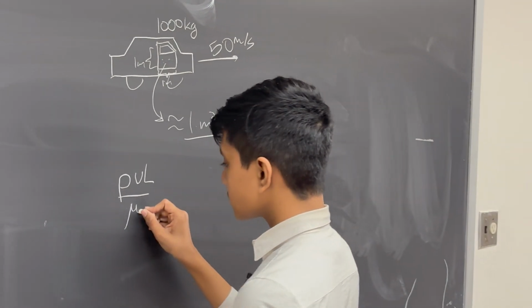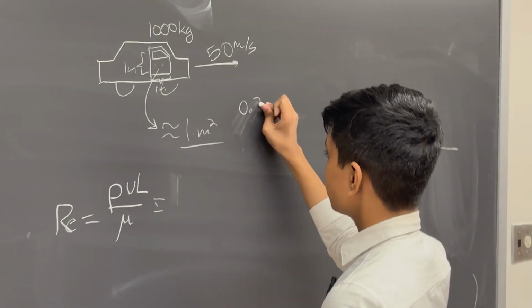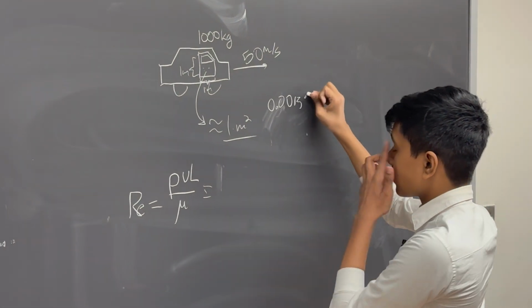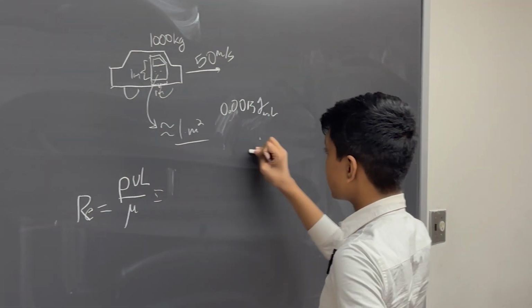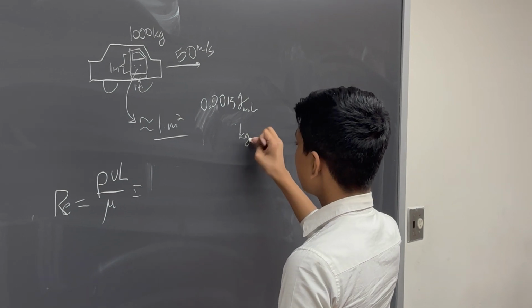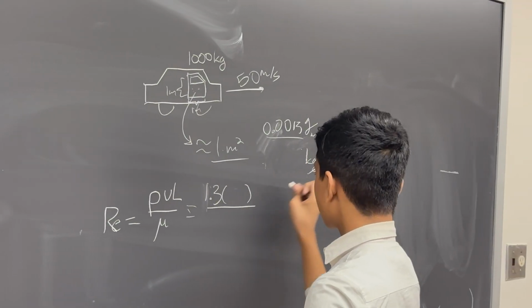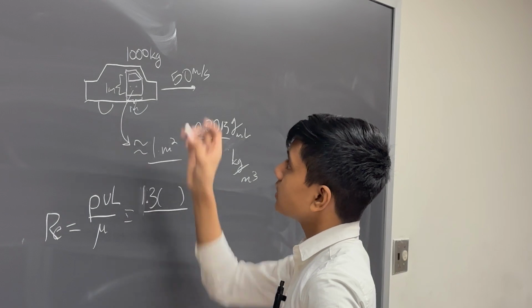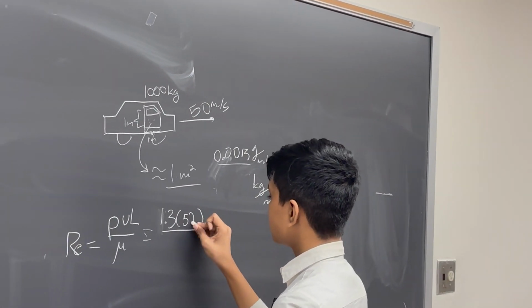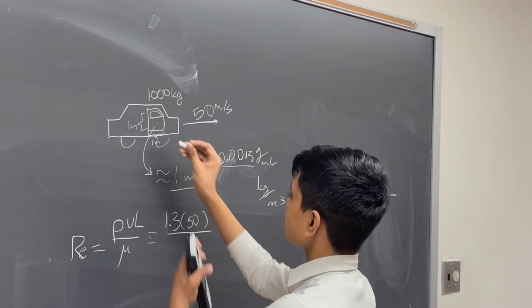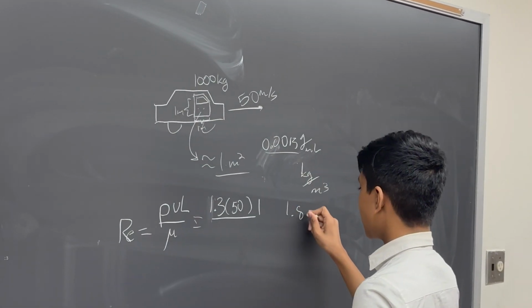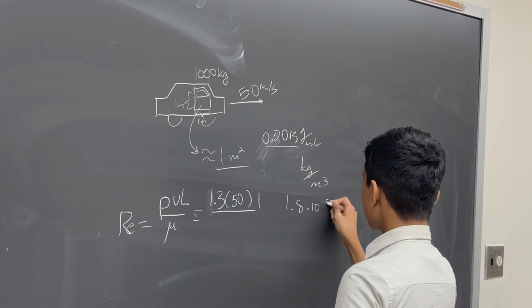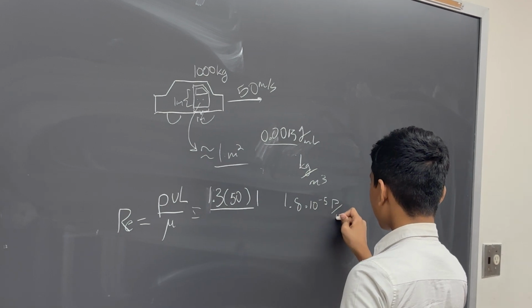Is this actually fluid dynamics? Yes. Given the value 0.0013 grams per milliliter, to convert that to kilograms per cubic meter, this is moving at 50 meters per second. The characteristic length times 10 to the negative 5 pascals per square meter.